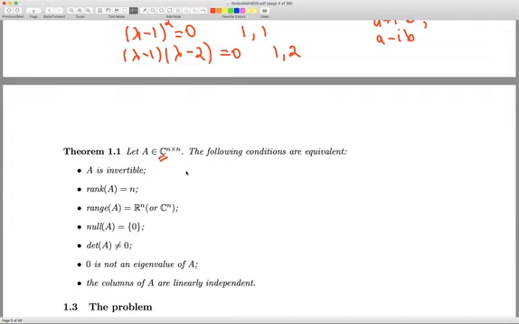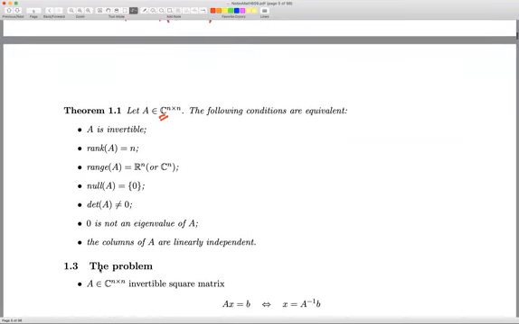A is invertible if and only if the rank of the matrix A is n, if and only if the range of A is Rn if A has real entries, and Cn if A has complex entries, if and only if the null space of A consists only of the zero vector, if and only if the determinant of A is non-zero, if and only if the scalar zero is not an eigenvalue of A, and if and only if the columns of A are linearly independent.